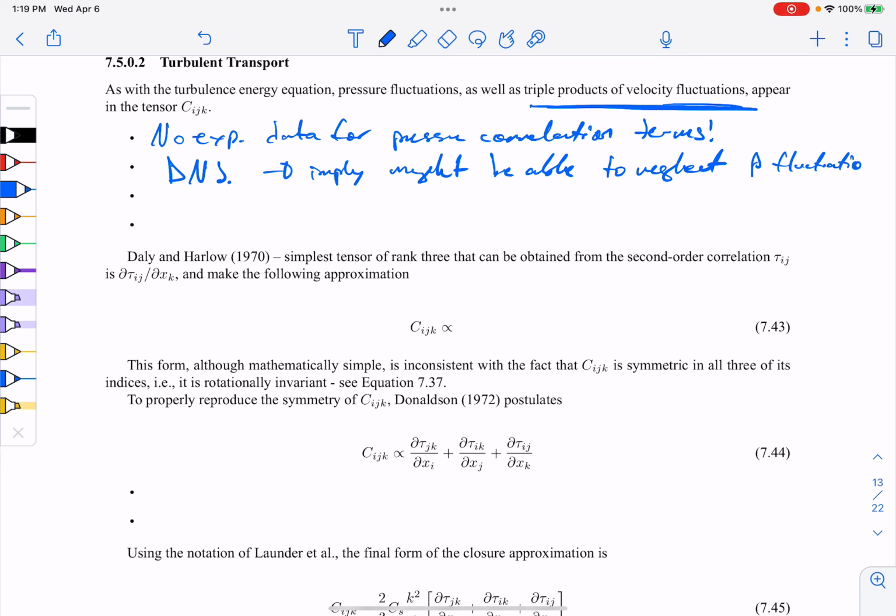Don't be too careful, because DNS is restricted to low Reynolds number simple flows, which are not what we're interested in high-speed flows like in aerospace. So traditionally in the closures, these pressure fluctuating terms are neglected, but I think in high-speed flows, they certainly should not be.